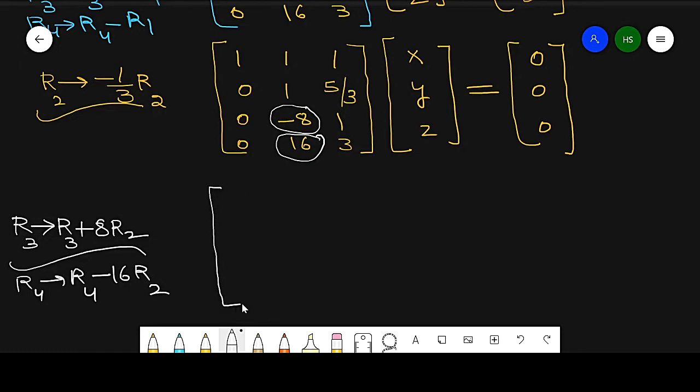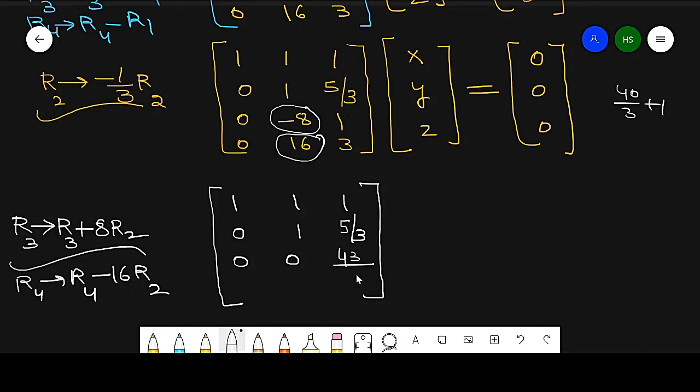So this will become 1 1 1, 0 1 5 by 3, then 0 0 and the next term: we multiply by 8 and add, so 8 into 5, 40 by 3 plus 1. So this is 43 by 3.